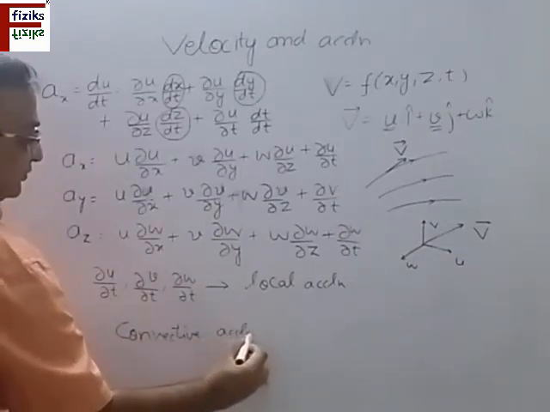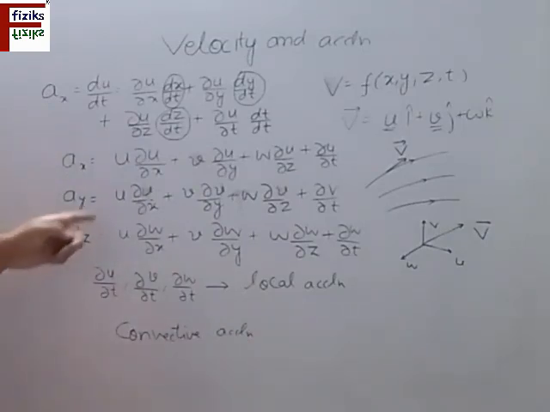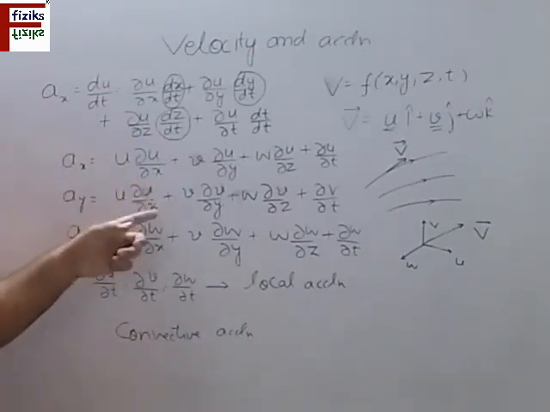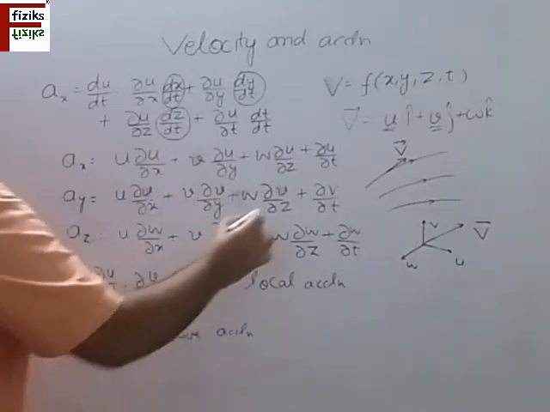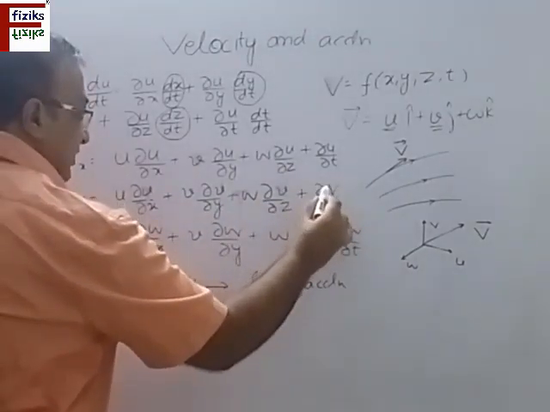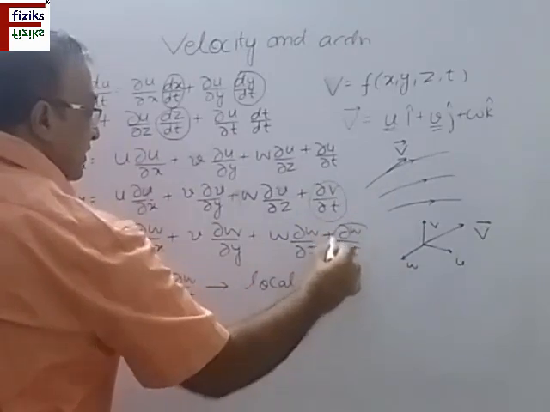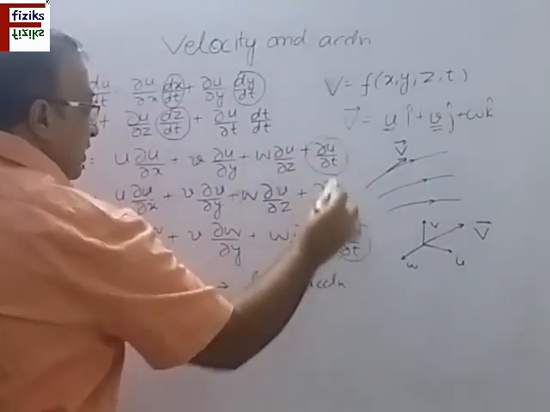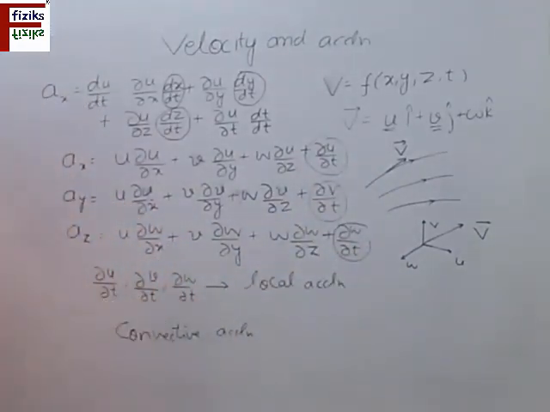Convective acceleration is the acceleration with respect to, or the change in velocity with respect to, space x, y, and z. So the terms except these three are convective, and these three are the local acceleration.